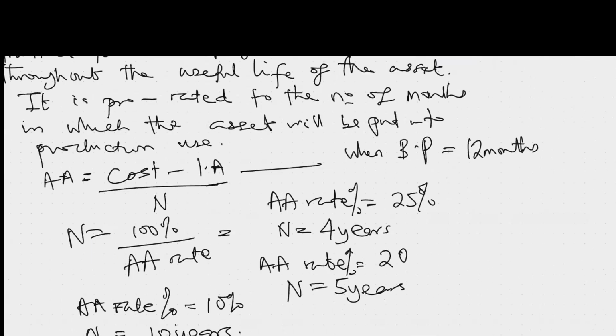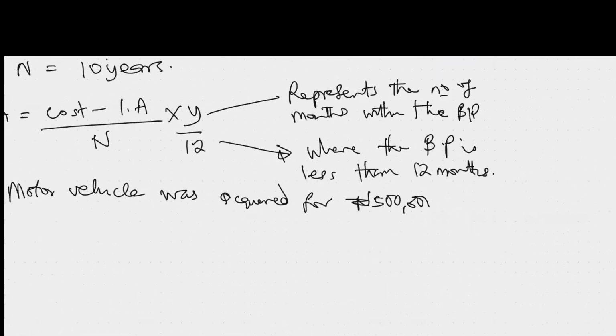Calculate the annual allowance. To do that, I will say cost 500,000 minus initial allowance 250,000.